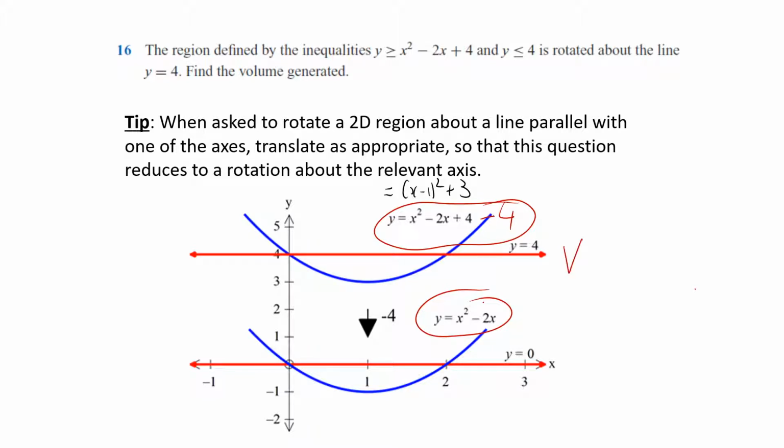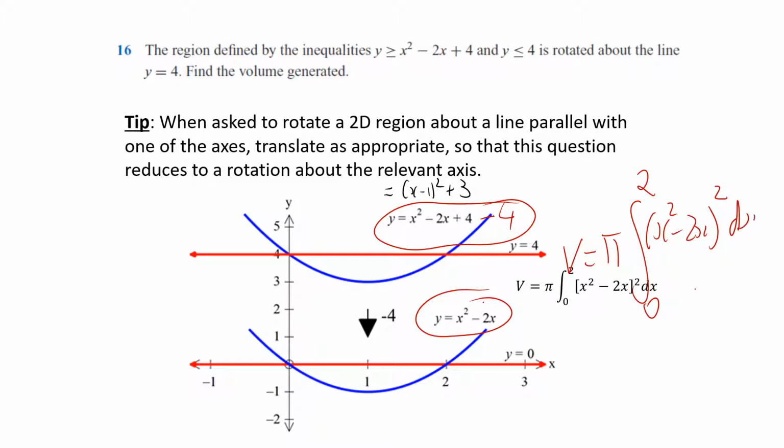And then we go through the usual process. Volume is pi integral from 0 to 2 of (x squared minus 2x) all squared dx, and that should lead to the right answer. Now, don't forget perfect square expansions. There's three terms to anti-differentiate.